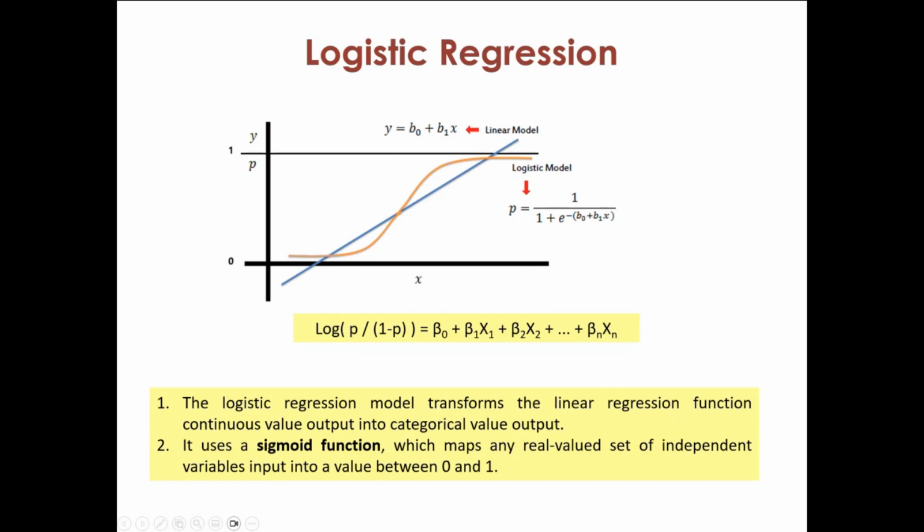So let's take a look at how we can turn a linear equation into a logistic equation. We make use of the sigmoid function. When we make use of the sigmoid function, we get a chart where the y value is within the range of 0 to 1.